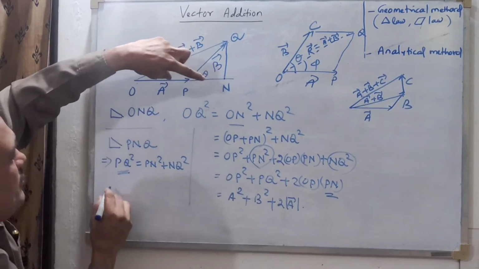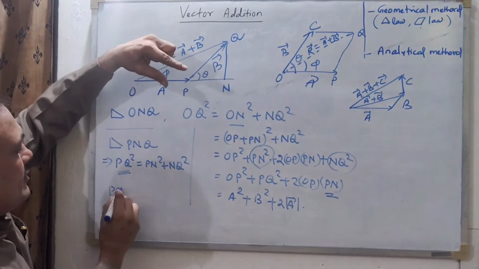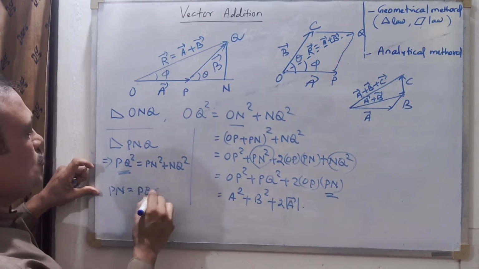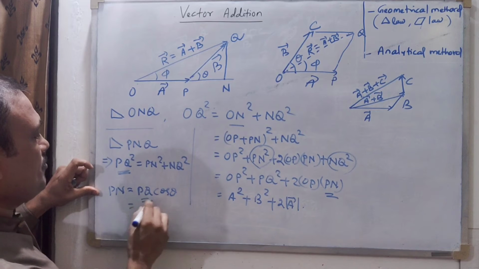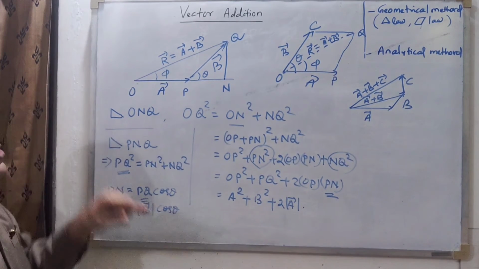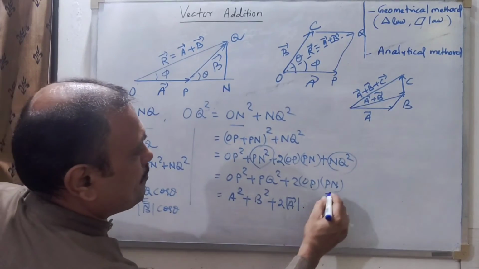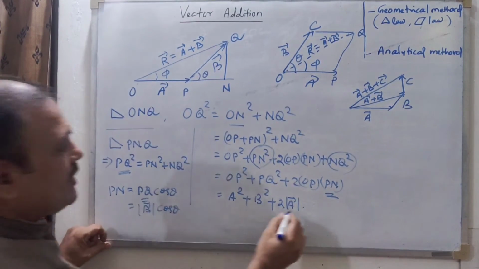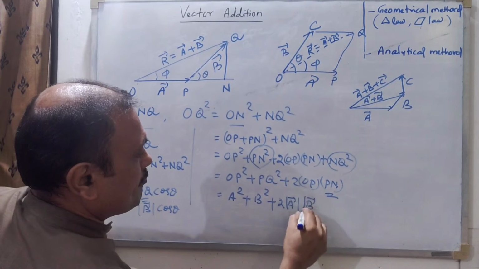PN is nothing but PQ cos theta. What is PQ? PQ is B mod, so therefore it is B cos theta, right? So in place of PN, I can substitute the value PQ cos theta, which is equal to B mod cos theta, right?